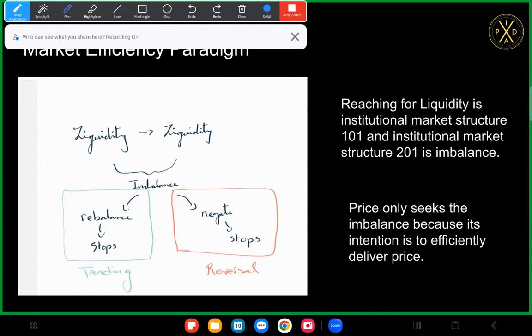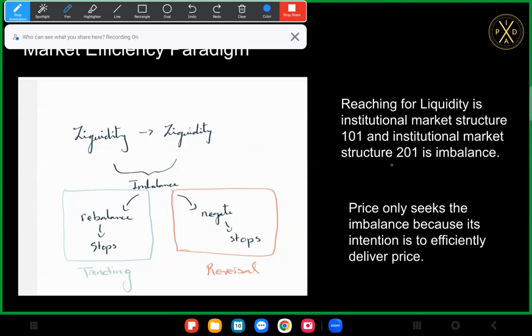So the financial system needs to be efficiently delivered. And then since we understand that ICT concepts are the true underpinnings of the market, or at least that's what we subscribe to, we also look at ICT concepts as having a sort of efficiency in their language, right? So we know that price is going for liquidity, and that's institutional market structure 101.